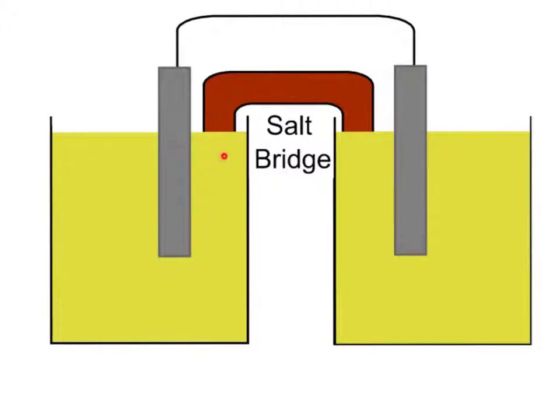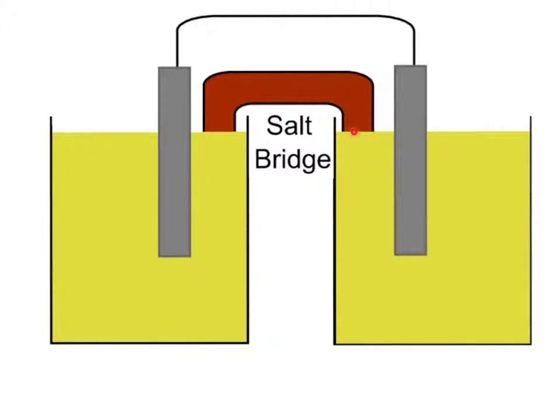Positive ions are able to flow here and negative ions there, so that we don't have a buildup of positive or negative charges, and we can get a flow of electrons through our wire. This salt bridge is basically a glass tube filled with a very strong electrolyte, so it minimizes the mixing between the two solutions, but it allows the flow of ions between them.